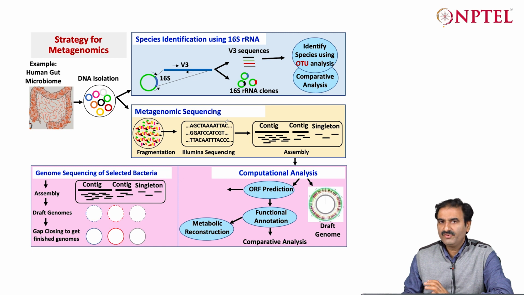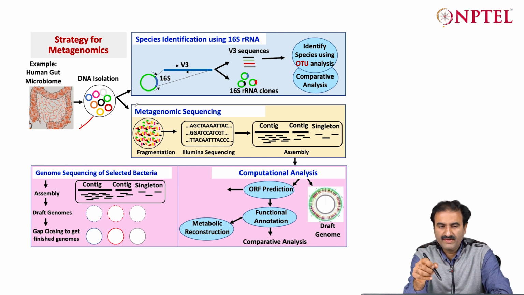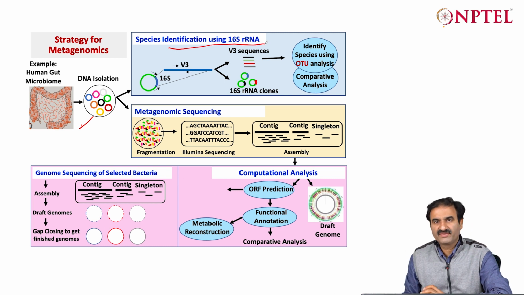Okay, so metagenomics has two strategies. Once you have extracted the DNA and are doing the sequencing, one will deal just with the identification of species, using the 16S ribosomal RNA, which is a marker gene present in basically all the bacteria, and it is conserved as well as variable.